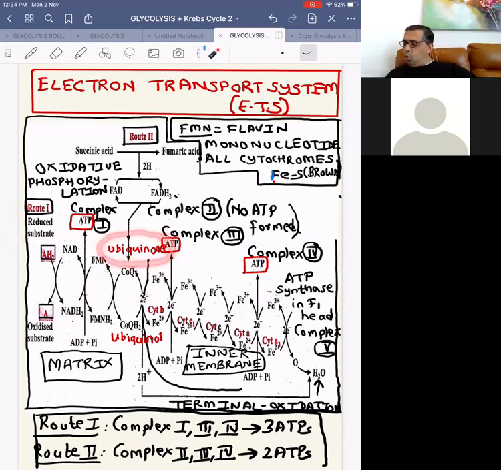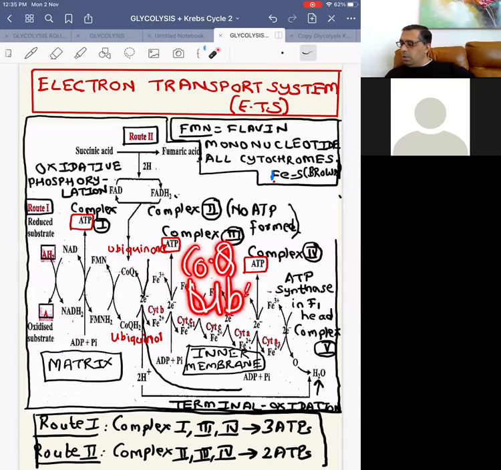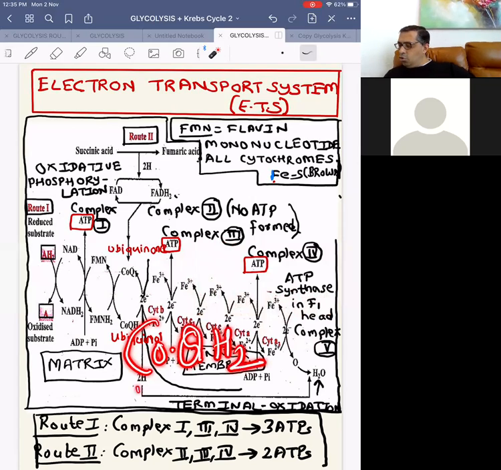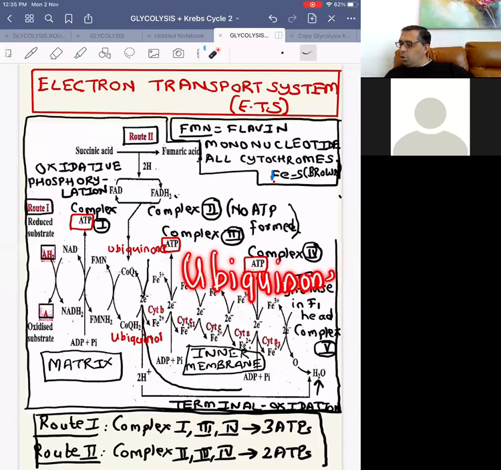And when it gets reduced to coenzyme QH2, it is called ubiquinol. So ubiquinone becomes ubiquinol.